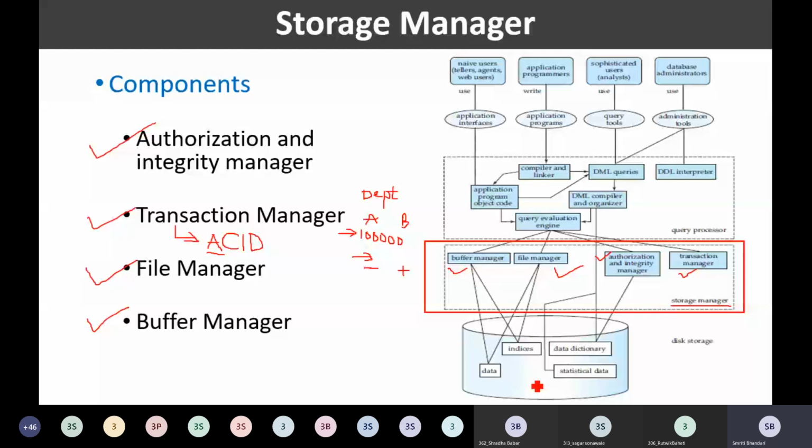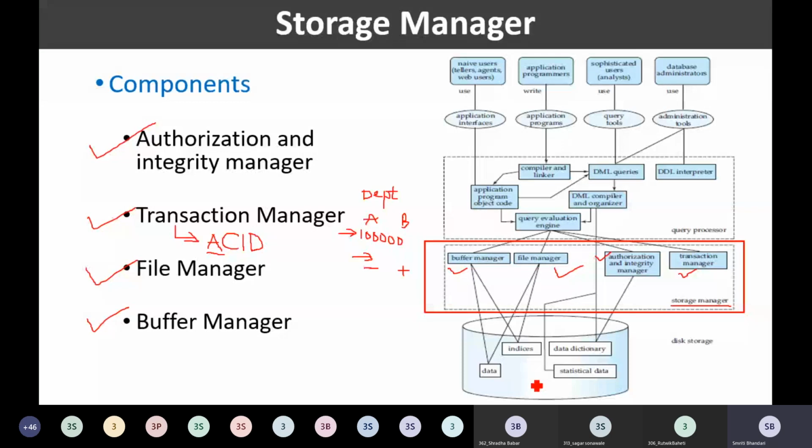Also, the buffer manager is taking the decision which data needs to be cached into the memory, which data is frequently being used, which data is not being used frequently, and accordingly the buffer manager takes the decision how to handle this data, right? This is a really critical task performed by the database management system as a whole.